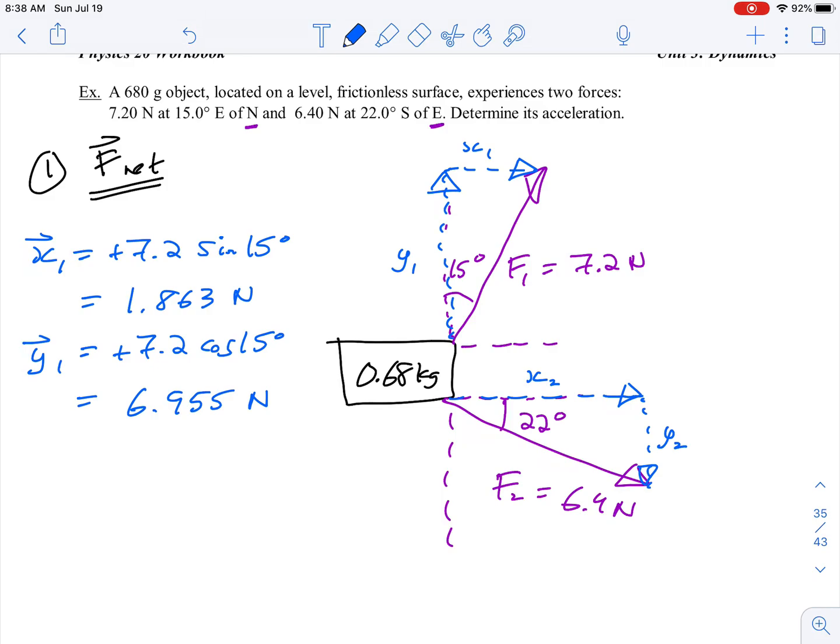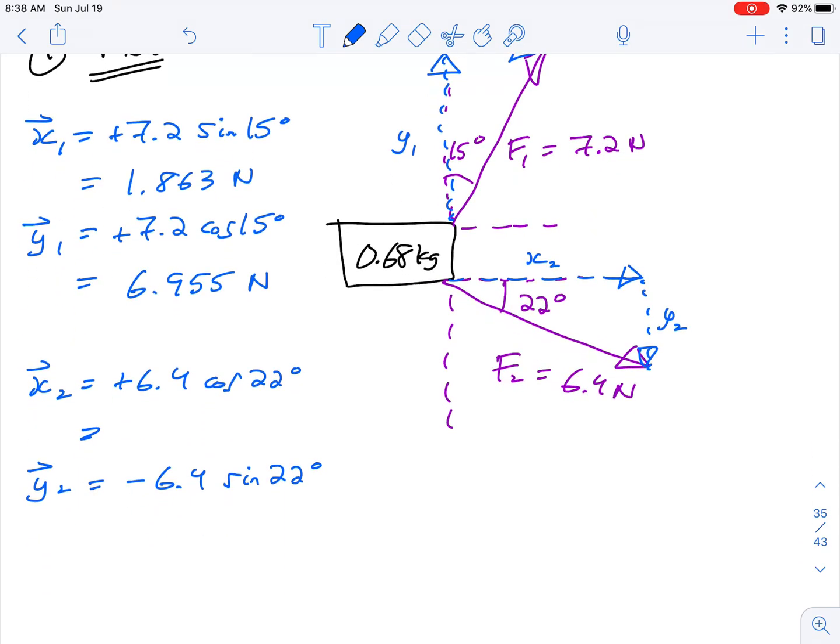Do the same thing for the second one. So x2 will be equal to hypotenuse, adjacent, so it's going to be cos, and it's in a positive direction. And then y2 will be the hypotenuse, sine, and it'll be in a negative direction because it's going down.